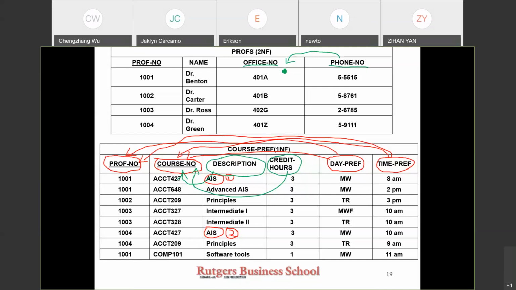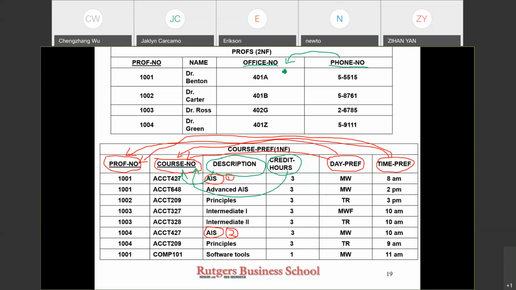Rather, this information is tied to information about the professor. So let's consider the kinds of problems that the lack of independent existence for office and phone information poses.